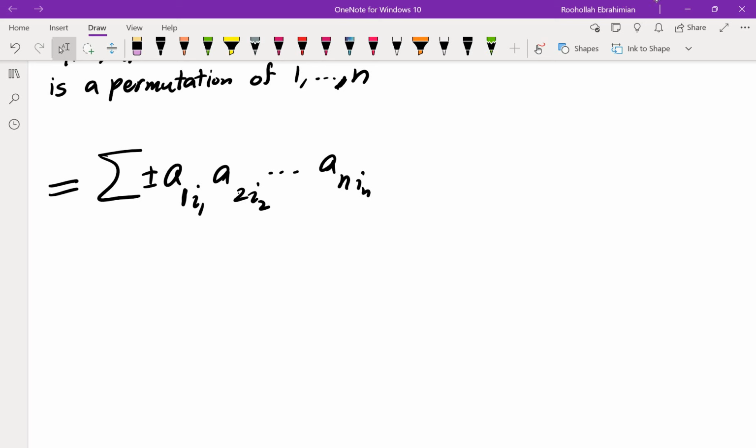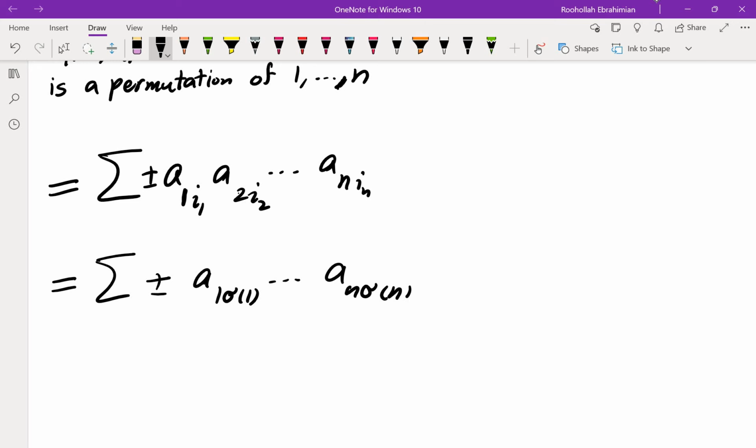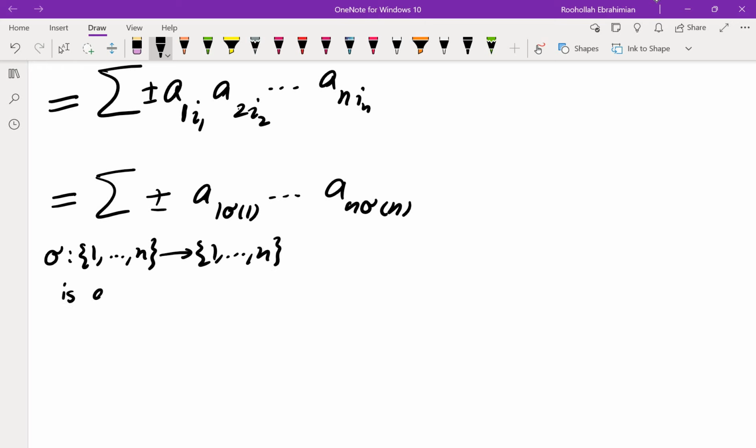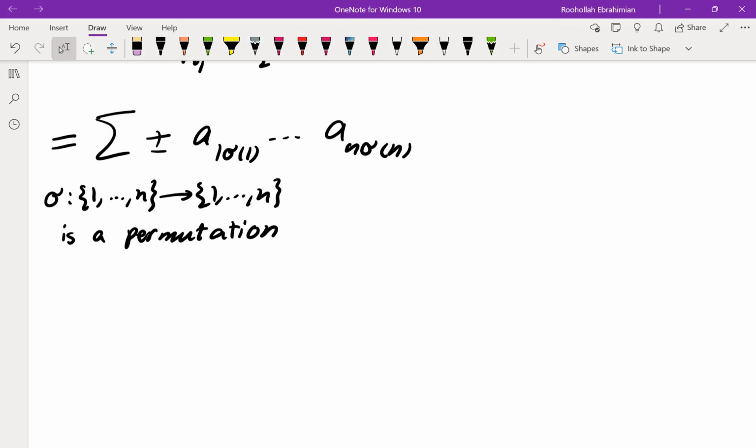Another way of writing this one would be to write these as sigma of 1 through sigma of n, where sigma is a permutation. This is typically the way we write it down: sigma is a function from 1 through n to 1 through n, and is a permutation. So there won't be more than one such function.